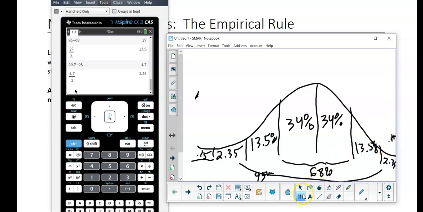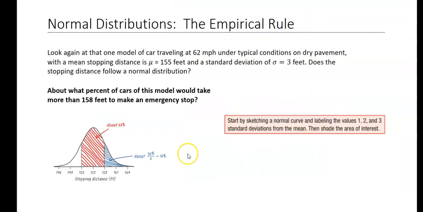So the problem was saying this area, and all this. So to me, I thought about it this way: 50% is to the right. So I know that's 50%, plus the 34% is 84%. So that's how I did this problem. I broke it up into half.